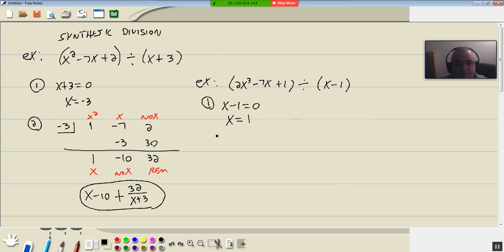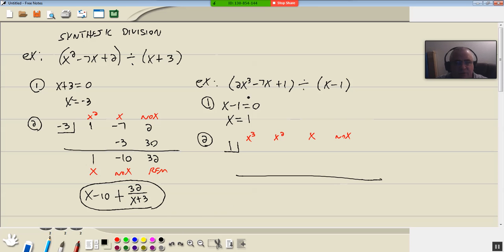So we get x equals 1. Now step 2, we take the number we just found and put it in a box in the upper left-hand corner. Now we need to identify our largest power of x. Our largest power of x is x to the third. So real small, I have x to the third. I'm going to have an x squared, x, and no x.